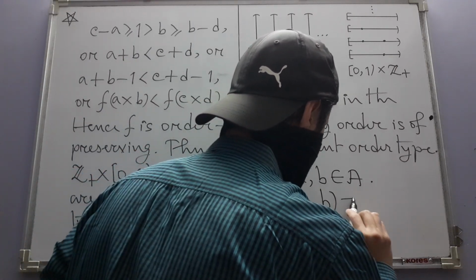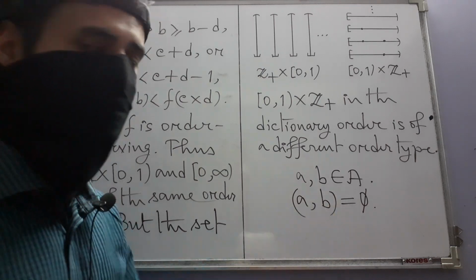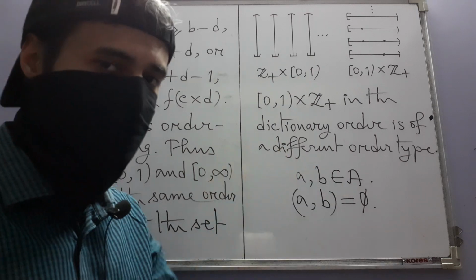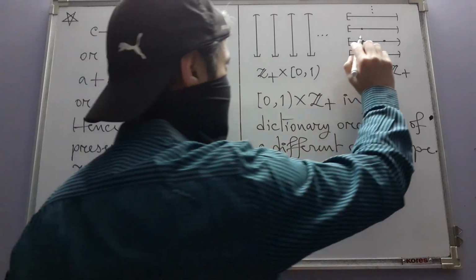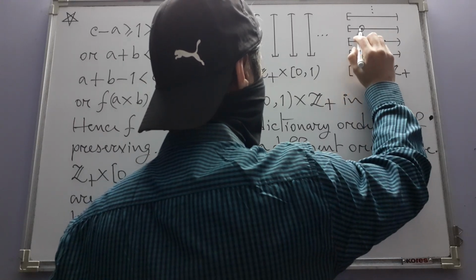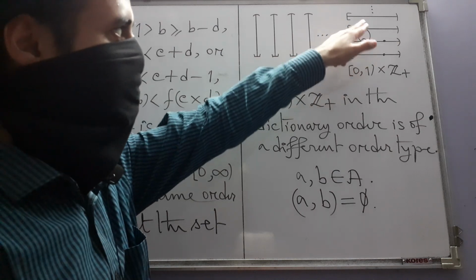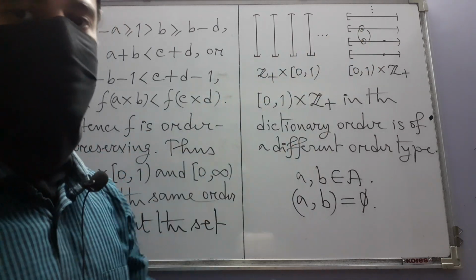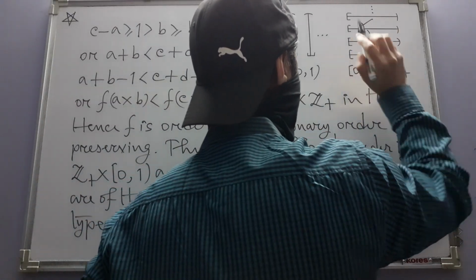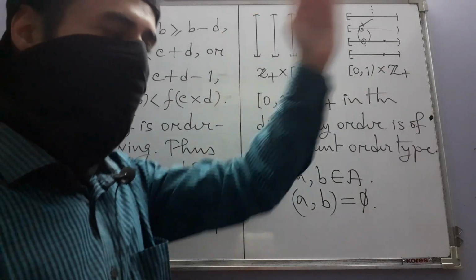If this open interval is empty, then we call b the immediate successor of a. There is nothing in between a and b. b is the next after a. That's the case here. If you consider this point and this point, then the open interval whose ends are these points is empty. There is nothing. That is why this is the immediate successor of this. Similarly, any point you consider anywhere will have an immediate successor.